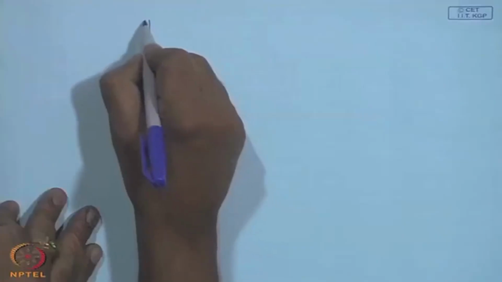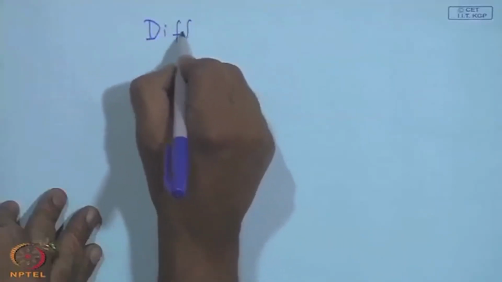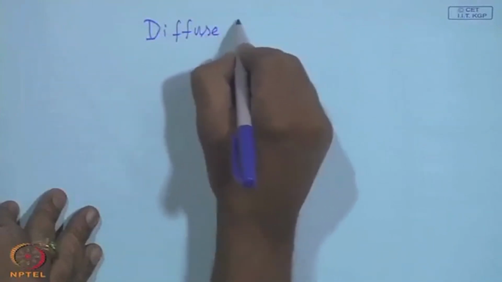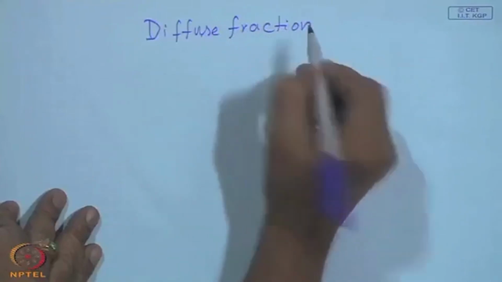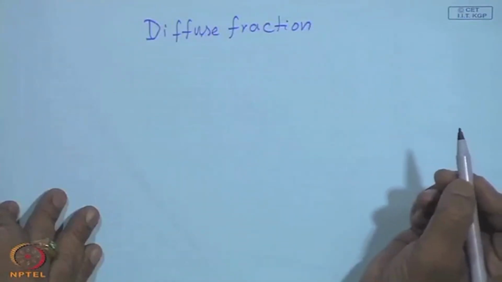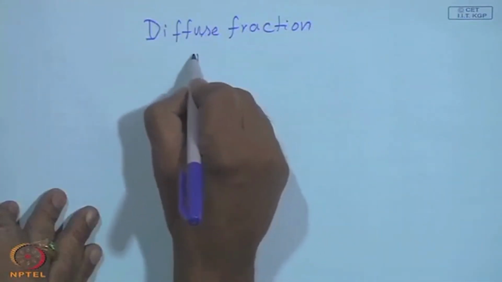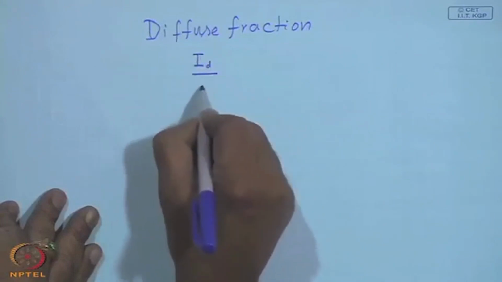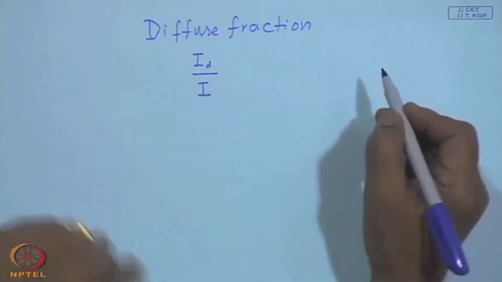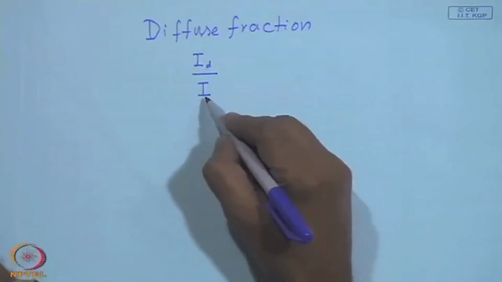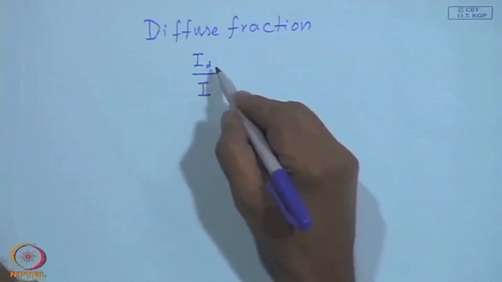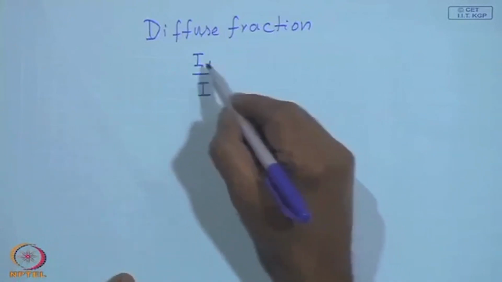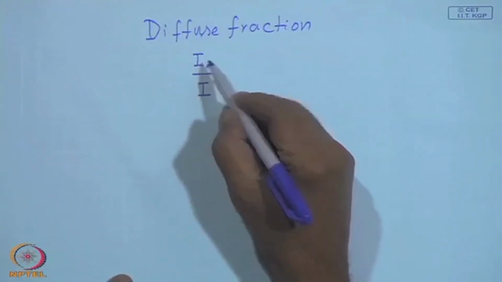Now, we have written those diffuse components of radiation. Diffuse fraction, if I call it, what is the fraction of the diffuse radiation compared to this global value? That means, beam plus diffuse in the denominator and diffuse in the numerator.